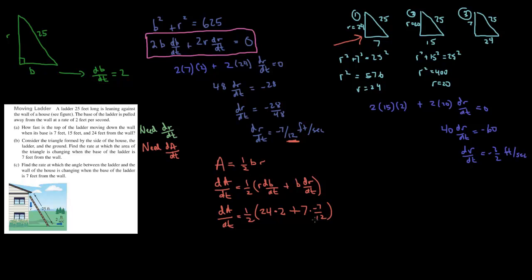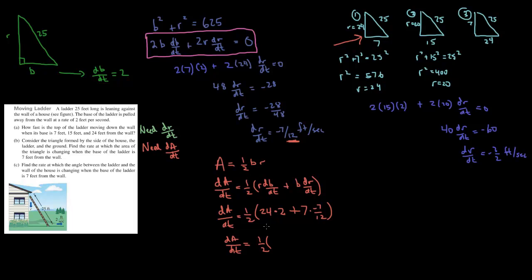So let's see here. We have no unknowns left except for dA dt. That's what we're solving for, so we're good to go. dA dt equals, we have 1/2 times what? Well, 24 times 2, that's 48, minus 7 times 7 over 12, so minus 49 over 12.